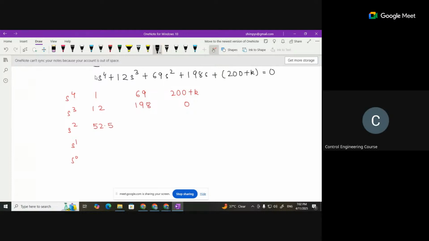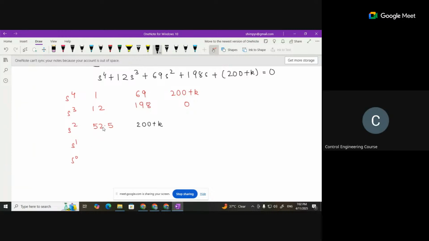This is 12 into 69 minus 1 into 198 divided by 12. That will give you 52.5. Okay. And the second entry will be 12 into 200 plus K minus 1 into 0 by 12. So it will be 200 plus K. Right? Then what we'll get here?